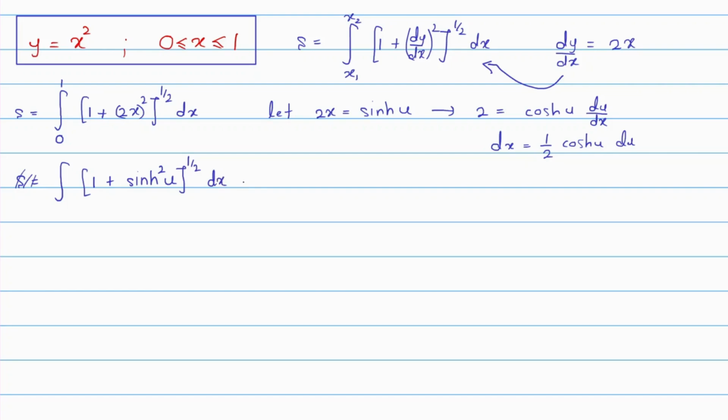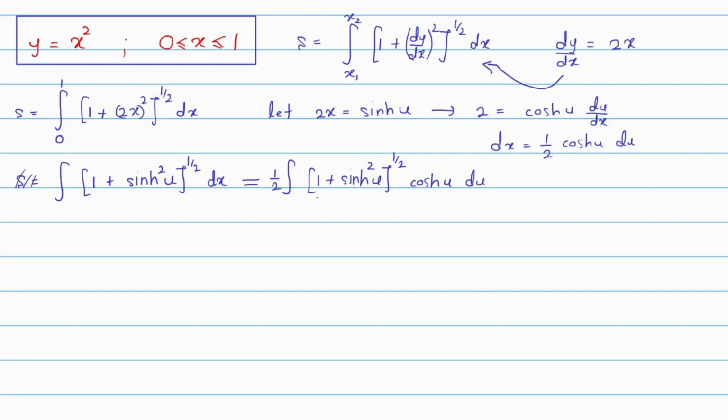So if we substitute for dx, that's going to be equal to integral (1 plus sine squared u) raised to the power half, and dx is going to be equal to half, so I'm going to put the constant in front over here, cos u du.